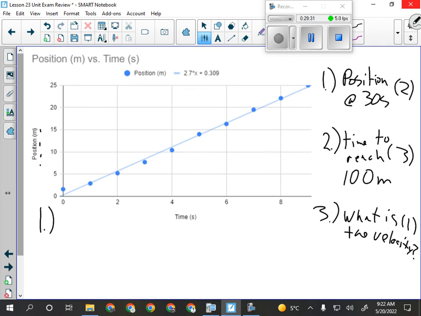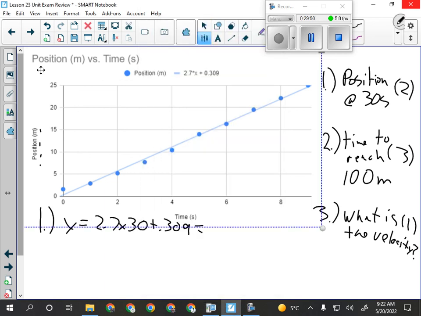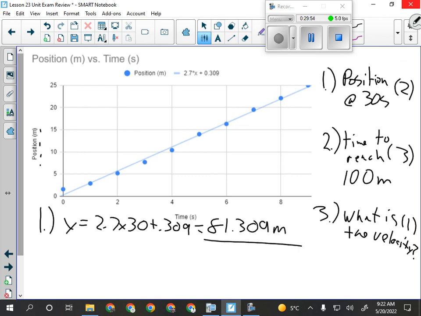So for question number 1, you're simply going y equals 2.7 times 30 seconds plus 0.309. So 2.7 times 30 plus 0.309, 81.309 meters would be the position. You get 1 mark for your work and 1 mark for the answer.